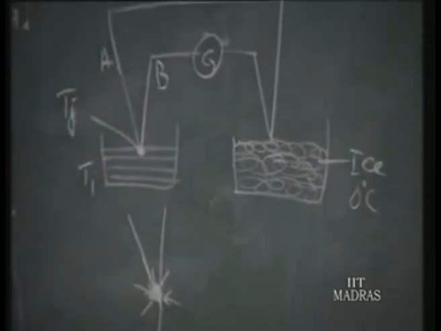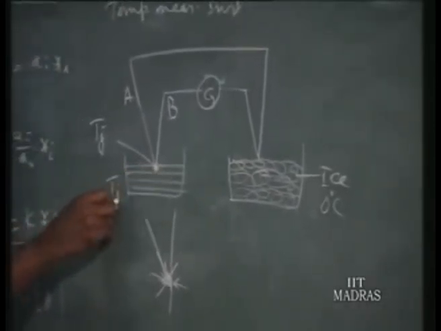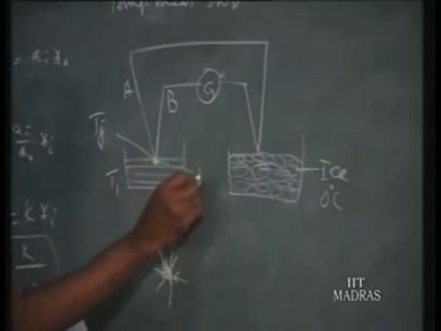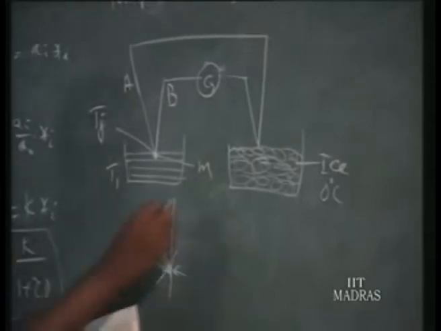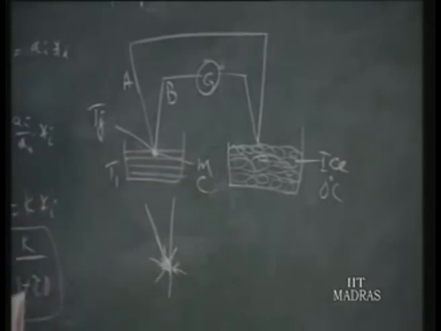After inserting, the thermocouple junction temperature will increase up to T1, but at any instant it may be less than this. So Tj is the temperature of the junction at any given instant, and M is the mass of the thermocouple junction, and C is the specific heat of that material.